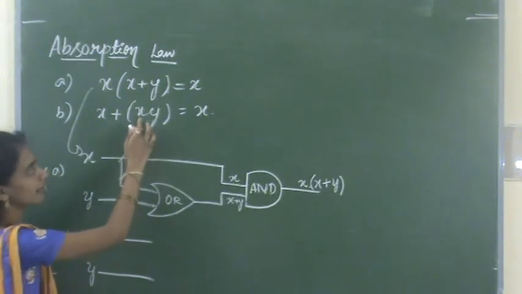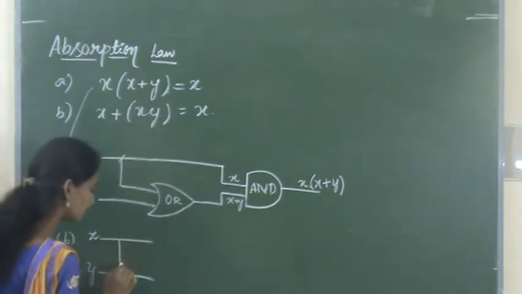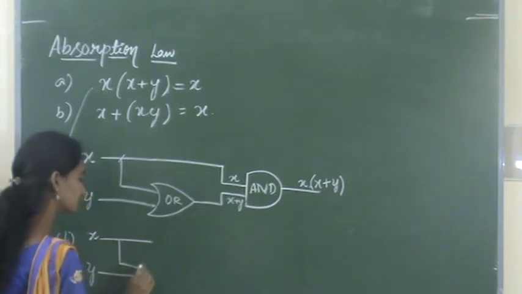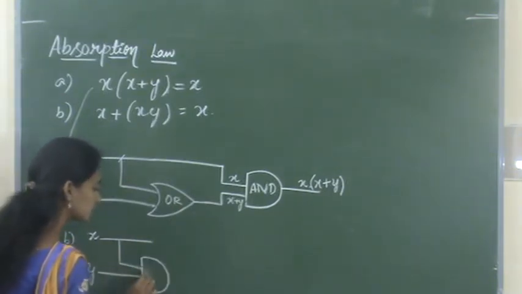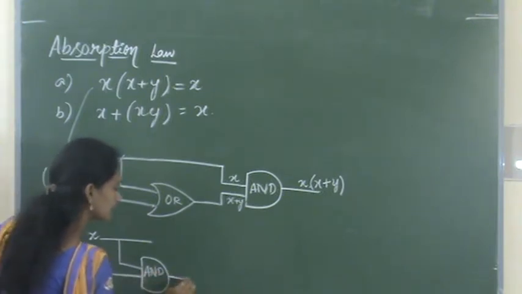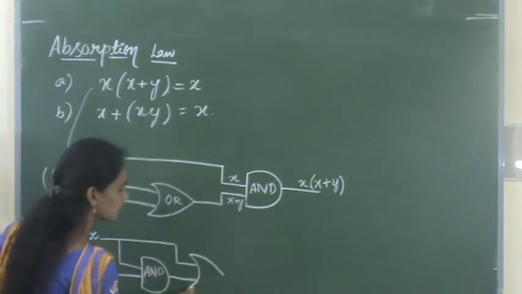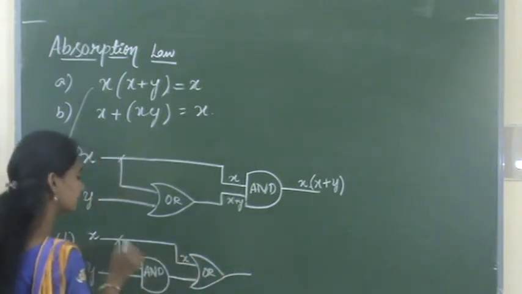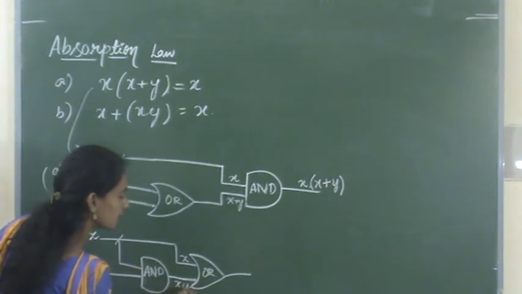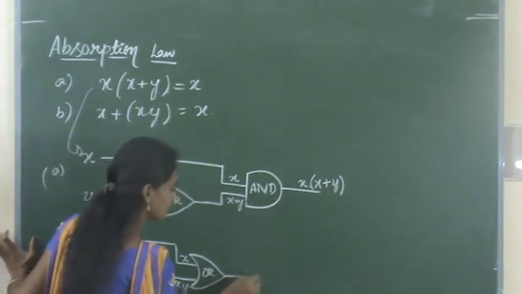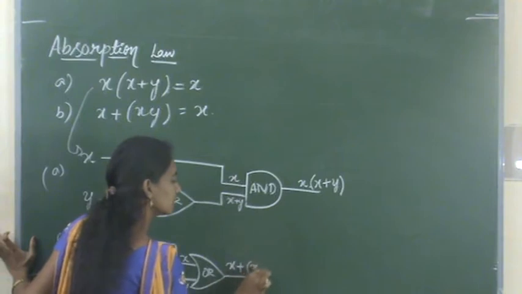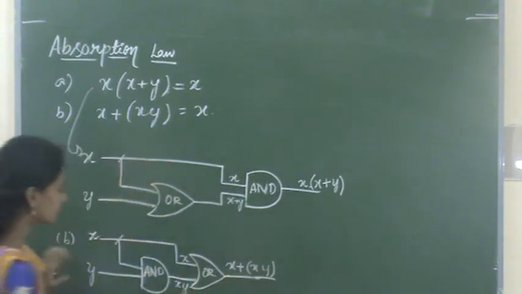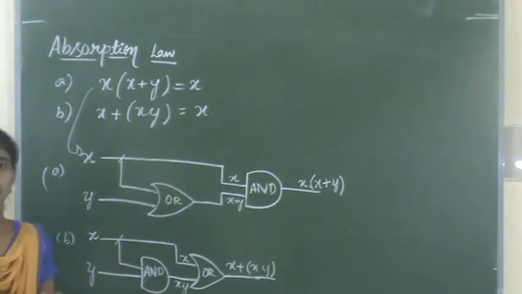First we perform x and y: take input from x and y, perform the AND operation, and the result goes to the OR operation with x. So the result will be x plus x into y. This is how we can write the logic diagram, or circuit diagram.